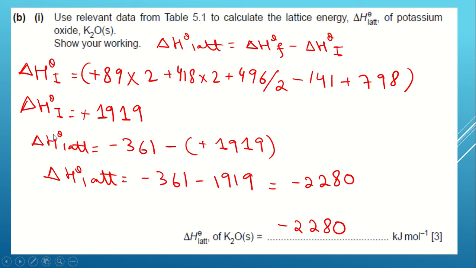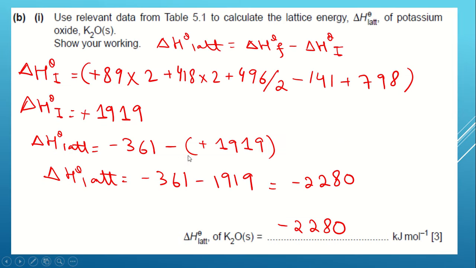So delta H standard ionization is equal to, you can see, 89 is given, which is the standard enthalpy change of atomization of potassium, and there are 2 moles of potassium, so its enthalpy change of atomization will be multiplied by 2. Plus 418, that is the value of the first ionization energy of potassium.